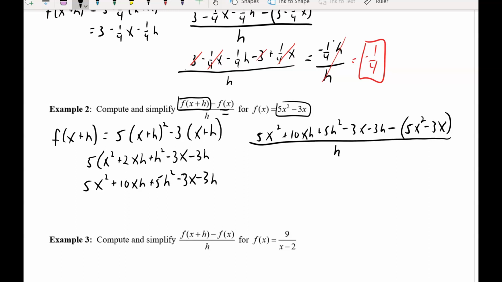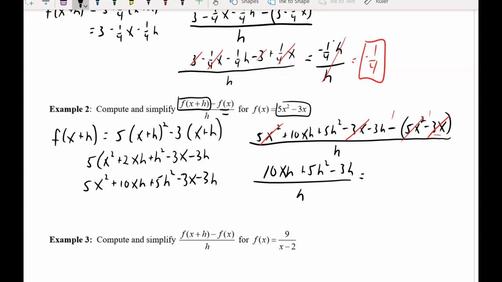So 5x squared minus 5x squared, they cancel. This is really a plus 3 because you're subtracting a negative. So this negative 3x cancels with this 3x right here. And all we're left with is 10xh plus 5h squared minus 3h over h. And can we get rid of that h in the denominator?